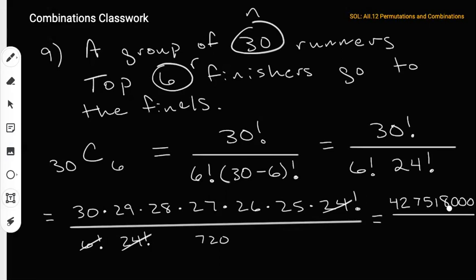So this would be in the millions. And I'm dividing by 720. So doing that in my calculator, I'm going to get 593,775. So that's the total number of combinations.